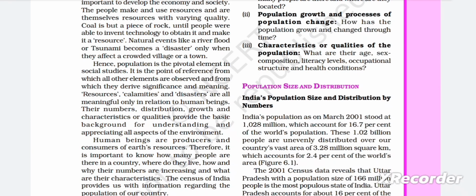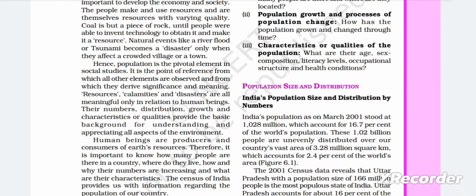If you have to study the social, environmental, or cultural importance of a country, it becomes important for you to read the population of that country. So you can say that whether there are natural resources or natural calamities or disasters, they are all meaningful only when they have a relation with human beings.